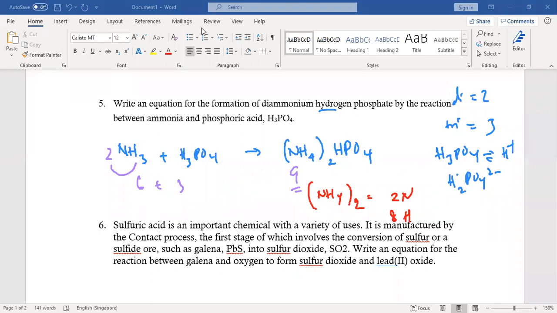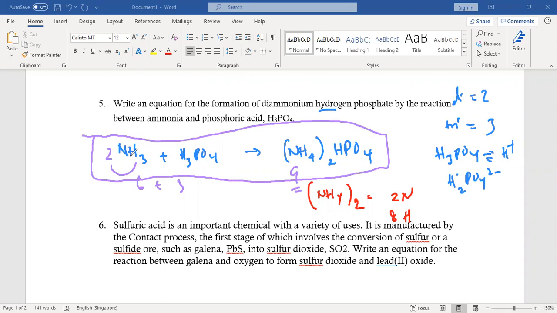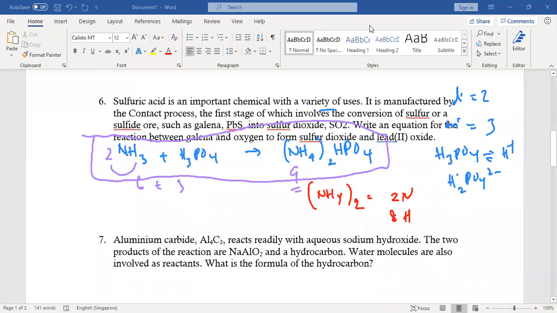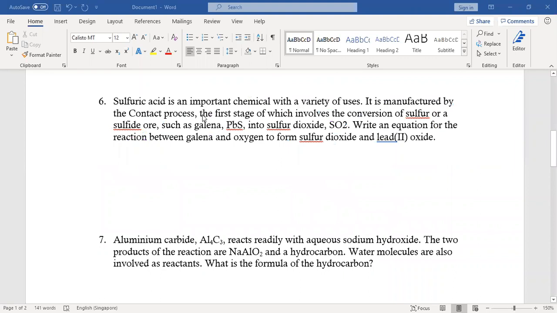All right. So the answer is 2NH3 plus H3PO4 to give (NH4)2HPO4. Okay. Next is number 6. Sulfuric acid is an important chemical with a variety of uses, right?